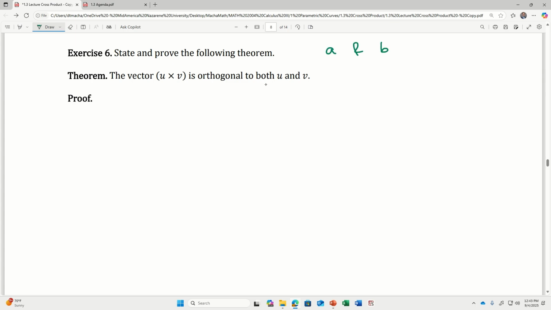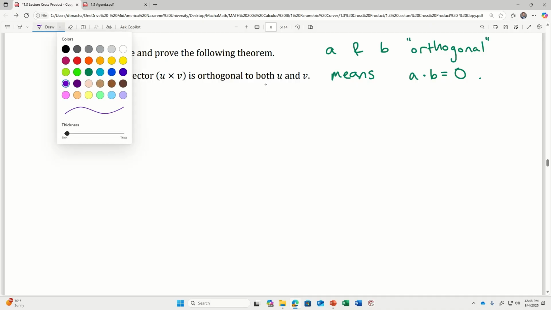So if I say a and b are orthogonal, we defined the word orthogonal to mean a dot b is equal to 0. If two vectors are orthogonal to each other, their dot product is 0. So how do I go ahead and prove this theorem?